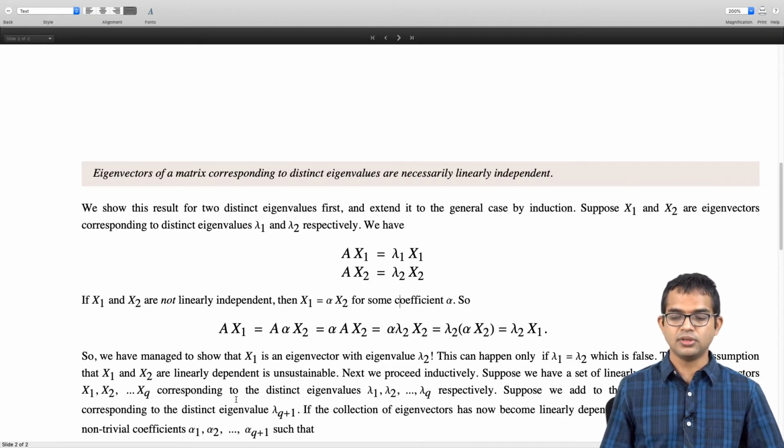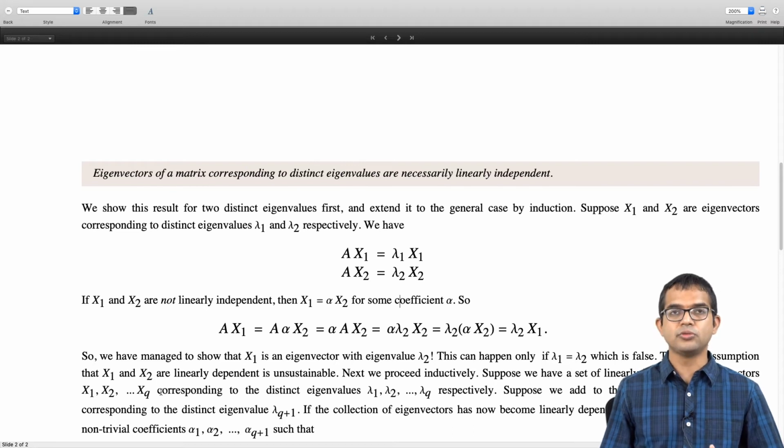So now we'll show that if we put in one more eigenvector xq plus 1, corresponding to a distinct eigenvalue lambda q plus 1, necessarily this new set x1 all the way up to xq plus 1 also must be linearly independent, right?